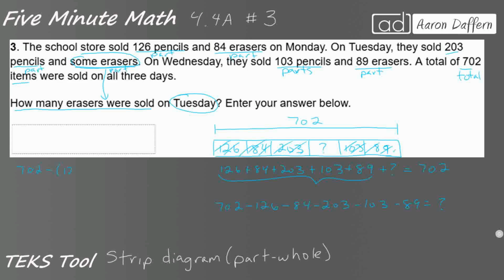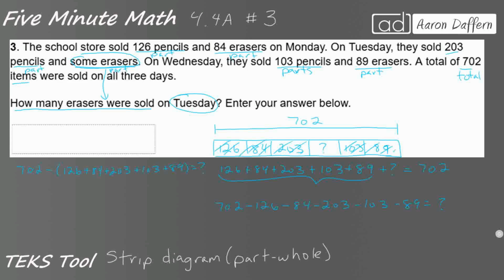I'm going to put parentheses so I can keep track that I need to do that first. I need to figure out what that subtotal is. This keeps me from having to do all of those subtraction problems, which is not something I think would be a lot of fun. That's going to give me my unknown: the total minus the 5 parts I do know added together.